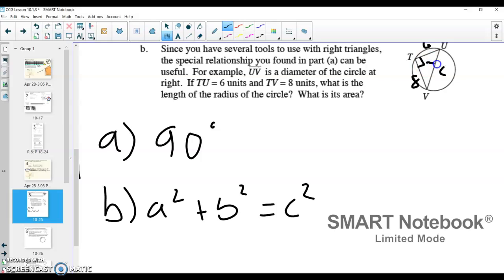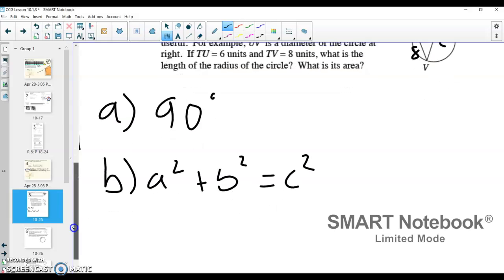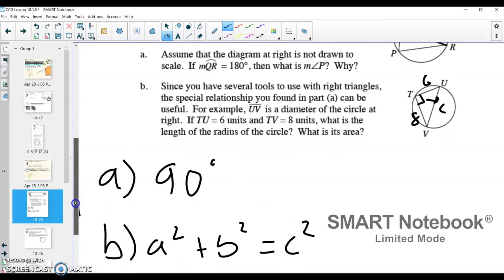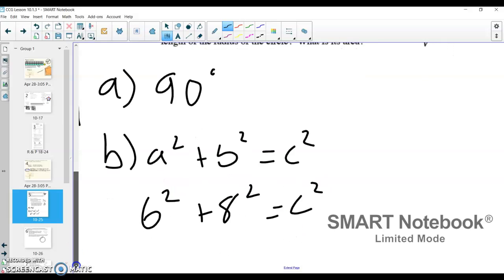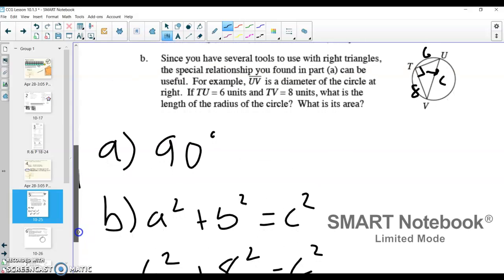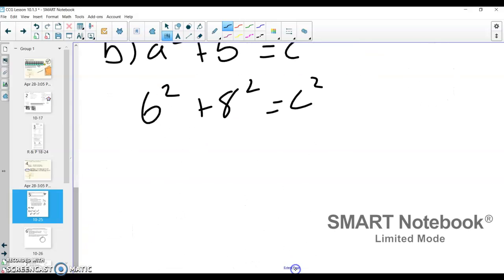That's the right way it's written, because C is across from the 90, so C must be the hypotenuse, and that's the only one we don't know. It doesn't matter how you replace the others. So we'll do 6 squared plus 8 squared equals C squared. Again, C is representing that diameter UV.